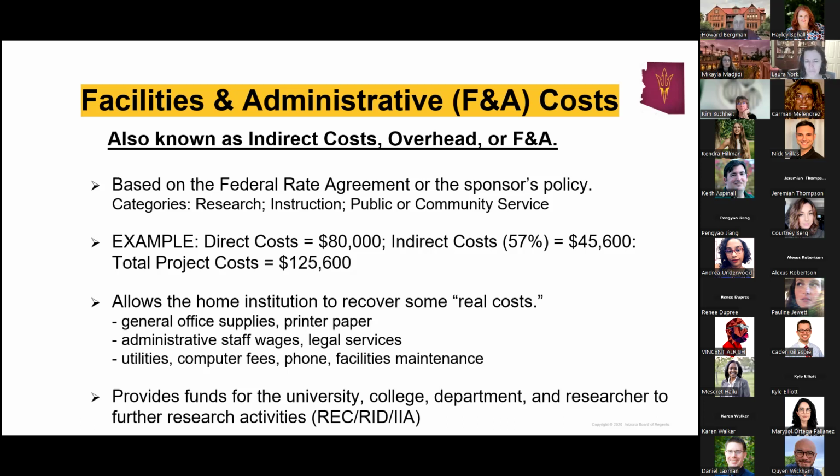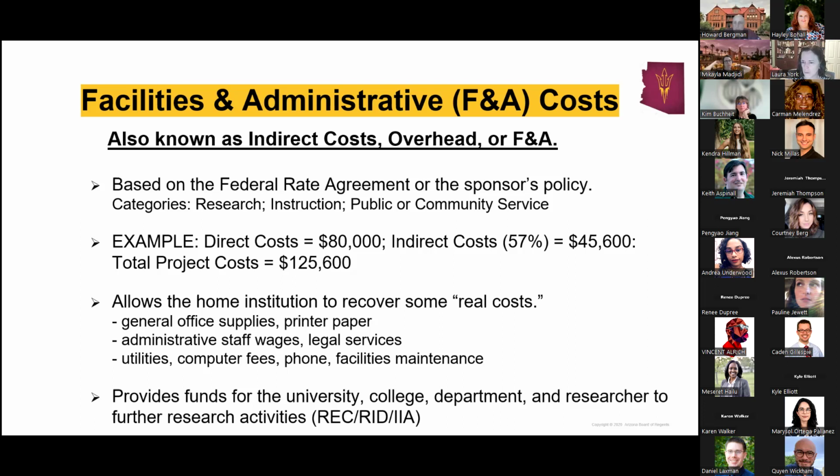So 57% of that $80,000 is $45,600. Adding those two together, the total project costs would be $125,600, which is what our request would be for this project.